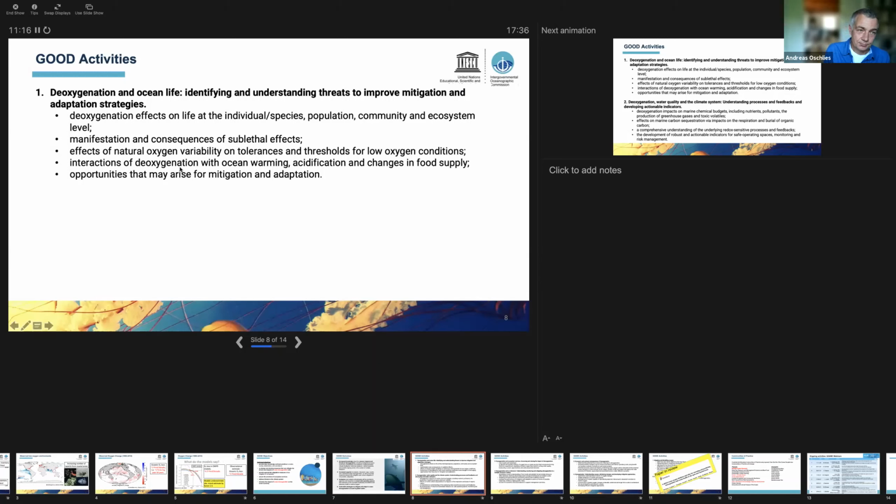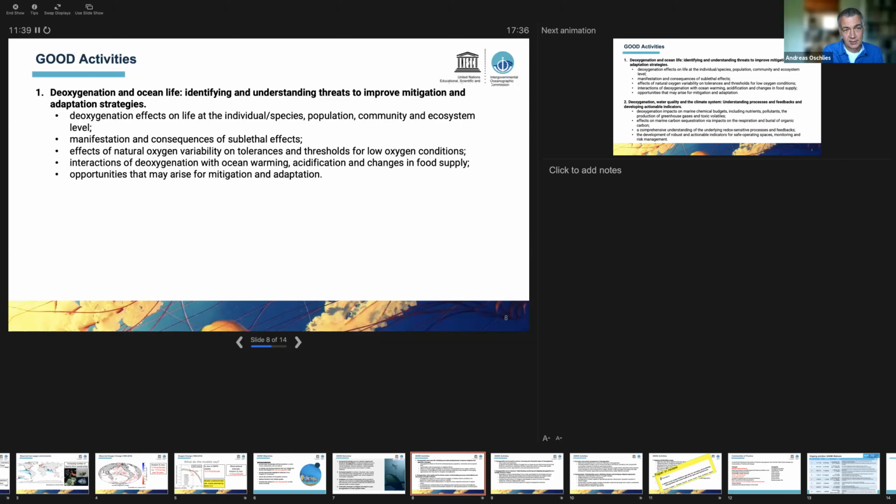And the first one is identifying and understanding threats. So this is individual species, ecosystems, population, communities, lethal effects, of course, but also sublethal effects. Even in not currently perceived low oxygen environments, there will be a decline, or is currently a decline of oxygen almost everywhere in the ocean, and it might matter.